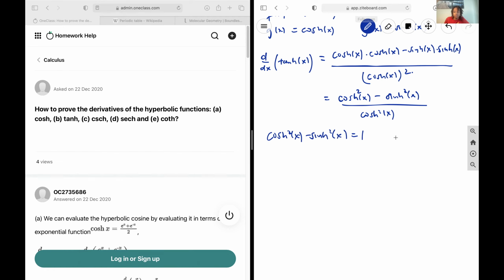Is equal to 1, and so we're just going to put that in here, and it will become 1 over that, and this is actually equal to that, similar to how secant is 1 over cos. So the hyperbolic function for secant is 1 over the hyperbolic function for cos, and that is going to be our final answer for that one.